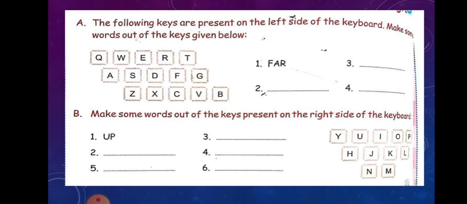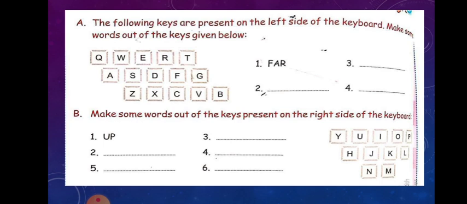With the help of these keys you will have to make some words. So one is given for you, far. The word far is written here. Next words could be car, fat, gate, G-A-T-E, sad, S-A-D, rat, R-A-T, then zebra, Z-E-B-R-A. Any word you can write down here.